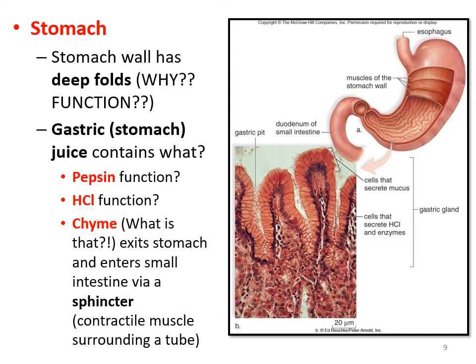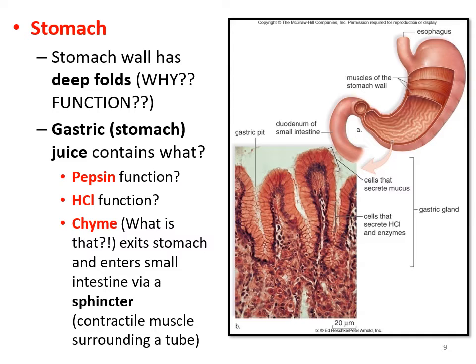So when you look at all of these deep folds, it's the same concept of giving us more surface area, which is very important in the stomach where you want to start absorbing and breaking down various foods. So the deep folds are valuable with the function of increased surface area. And by having those deep folds, it also allows the stomach to expand.